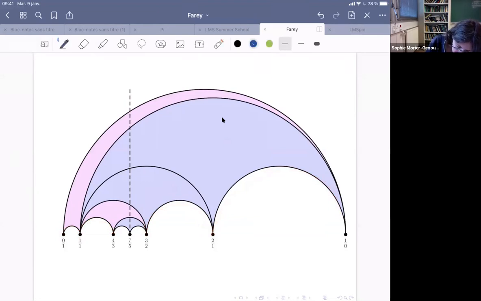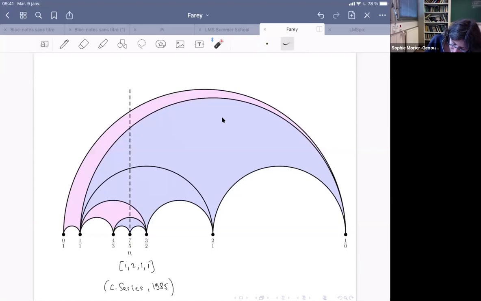When I read this sequence, I have one pink, two purple, one pink, one purple. And this tells me the expansion of the rational 7/5. This is actually something that can be found in Caroline Series's paper in 1985.